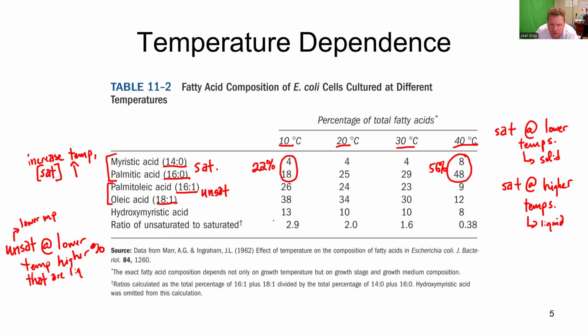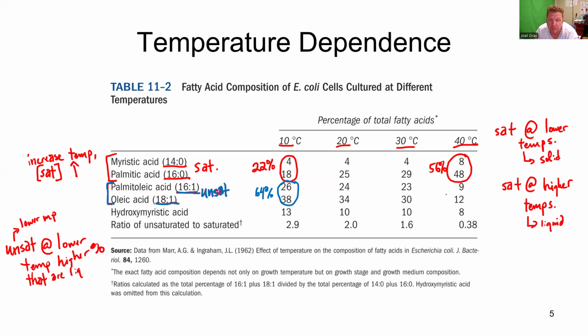So now let's look at, I'm going to change colors on this actually, just to give a good contrast. So I'm going to bracket this. 26 and 38, that would be 64% of fatty acids are monounsaturated fatty acids at 10 degrees Celsius.